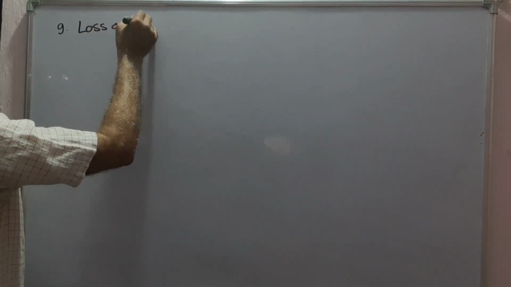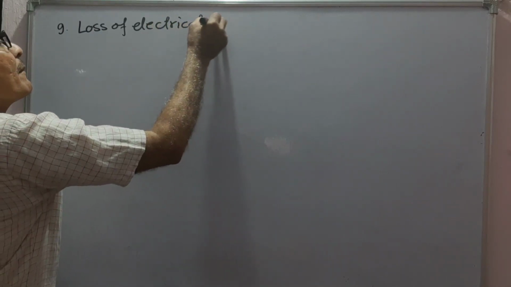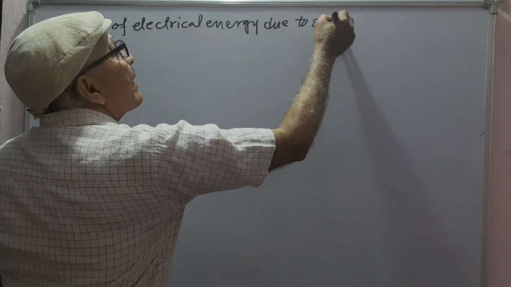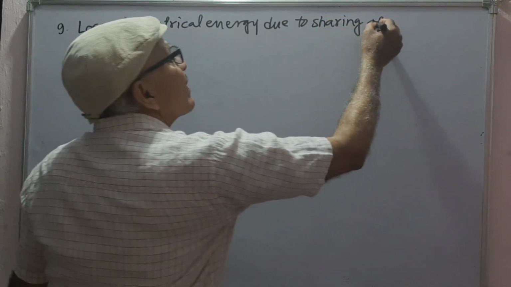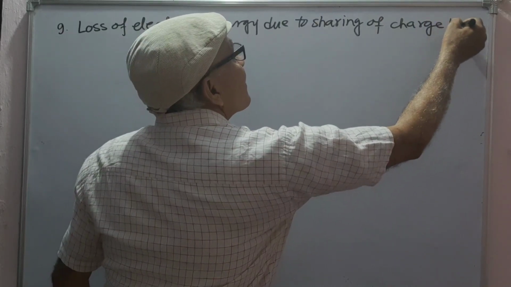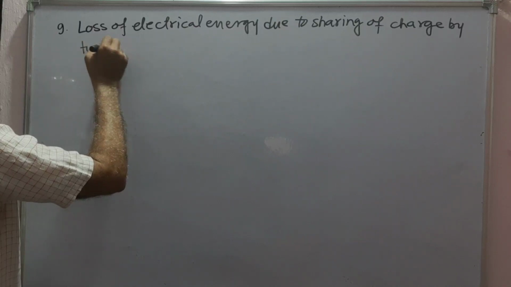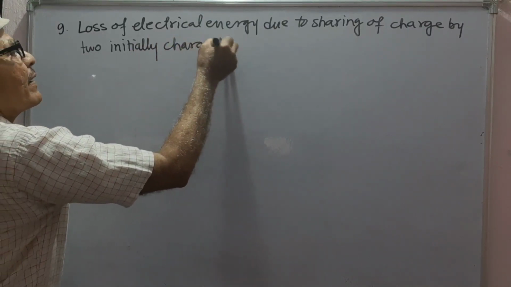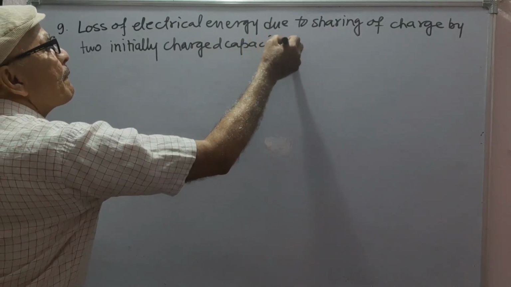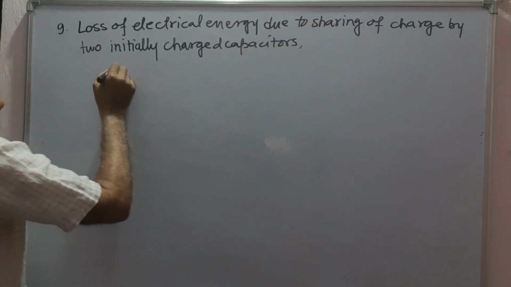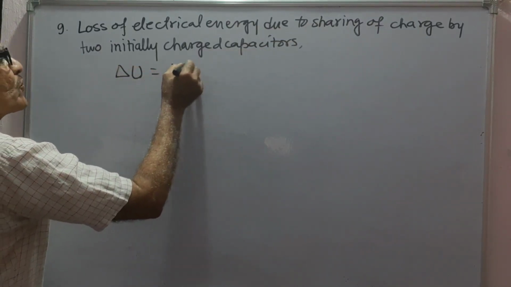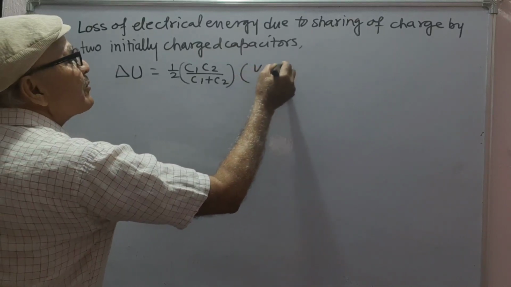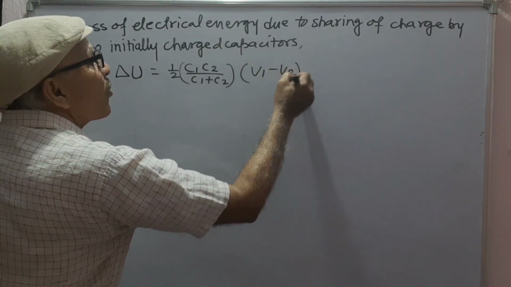Next, number 9. Loss of electrical energy due to sharing of charge by two initially charged capacitors is given by delta U is equal to 1 by 2 C1 into C2 upon C1 plus C2 into V1 minus V2 whole square.